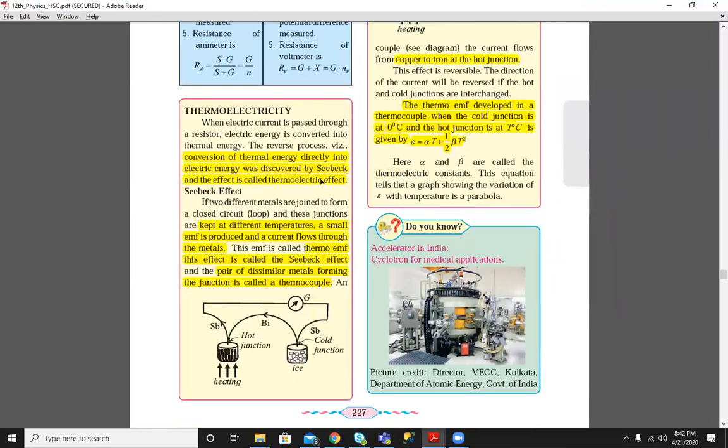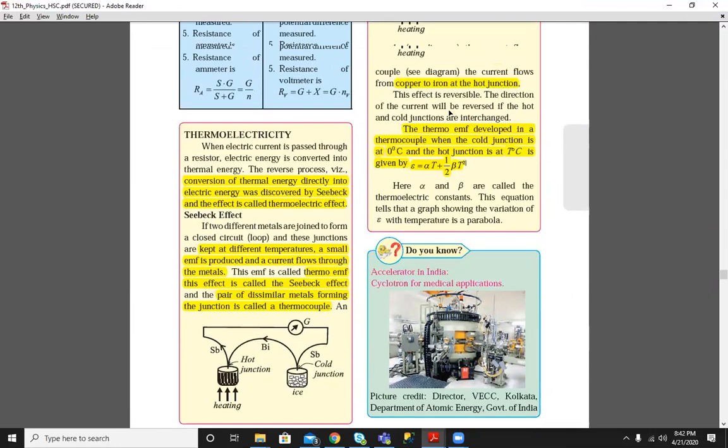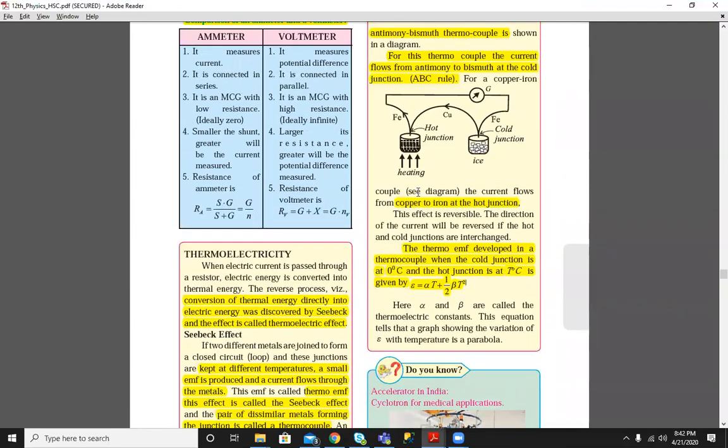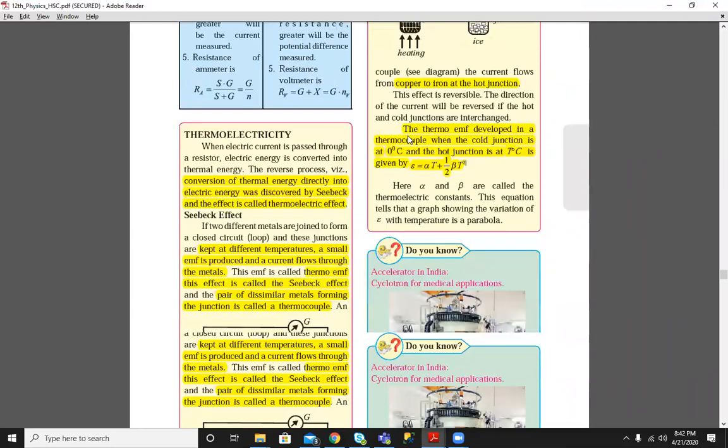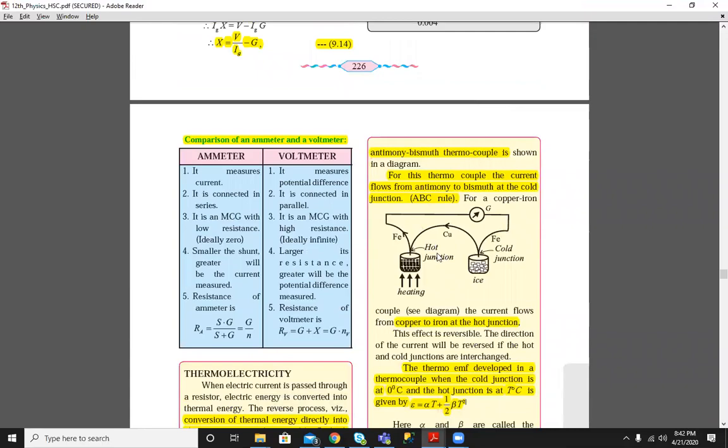It was discovered by Seebeck, and what he did was keep two different metals at two different temperatures and observe that an EMF is induced, and that pair of dissimilar metals is called a thermocouple. And the formula for that thermo EMF induced. Two examples of thermocouples are given: antimony bismuth and the copper iron couple.